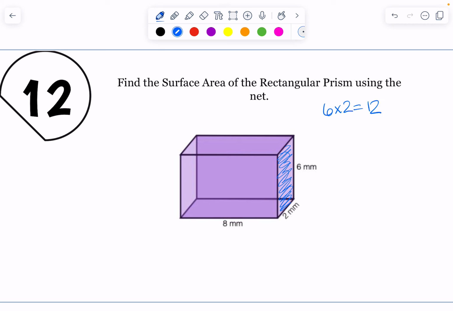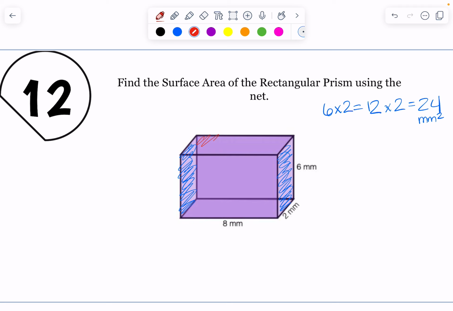If I know that side, then this side over here is also going to be 12. So I can multiply 12 times 2, and those two faces together give me 24 millimeters squared.